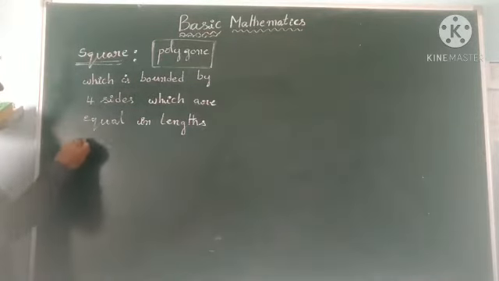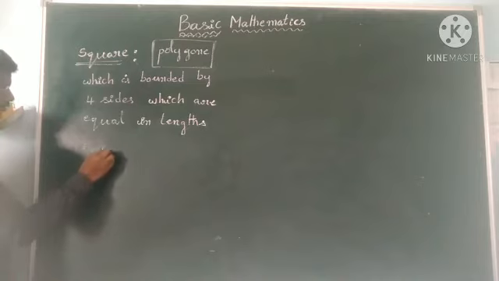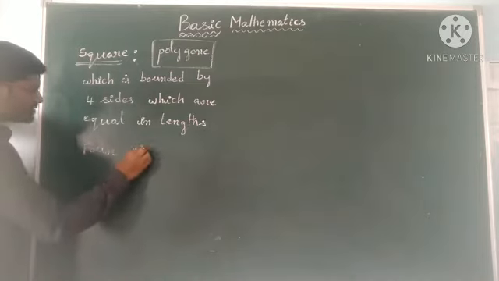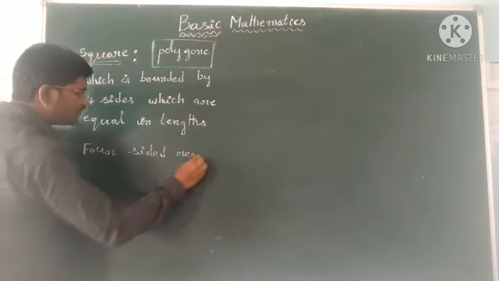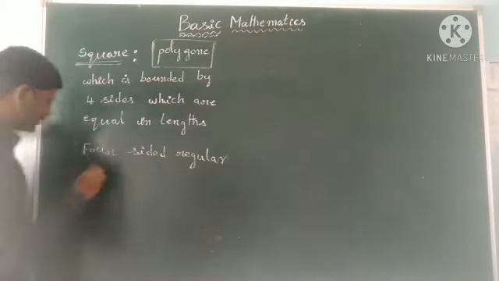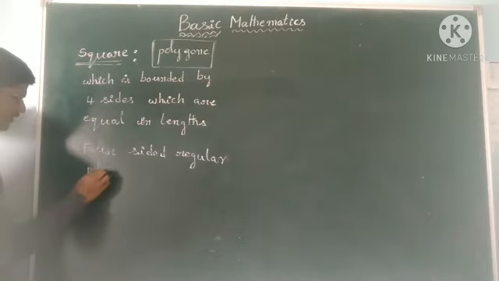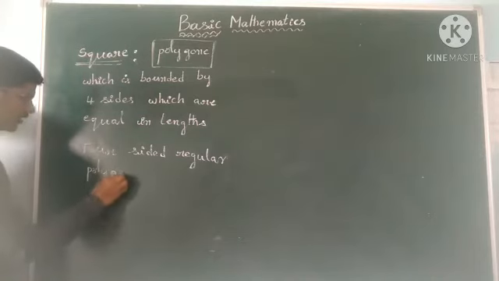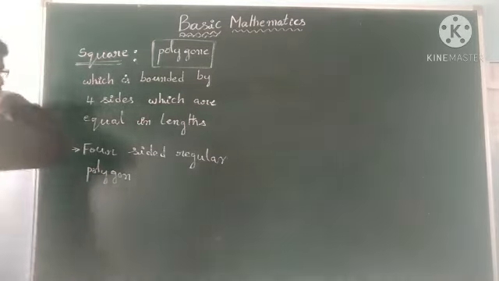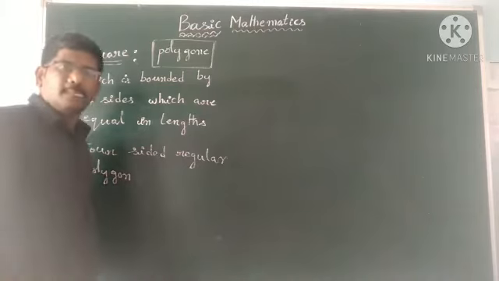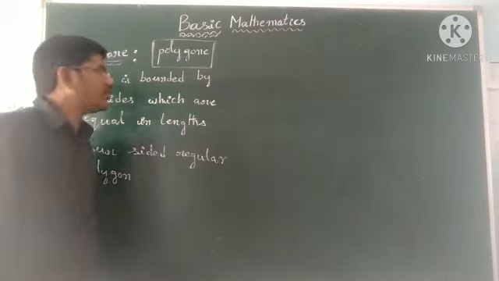So the square you can also call a four-sided regular polygon. Now we can see the properties of the square.